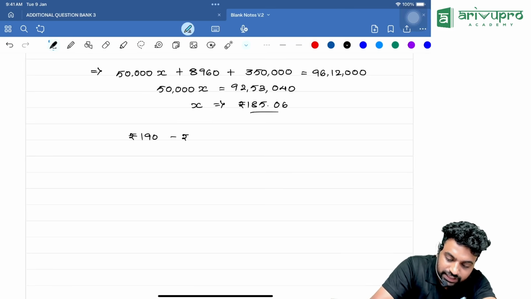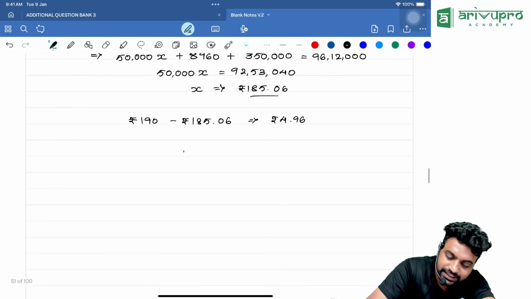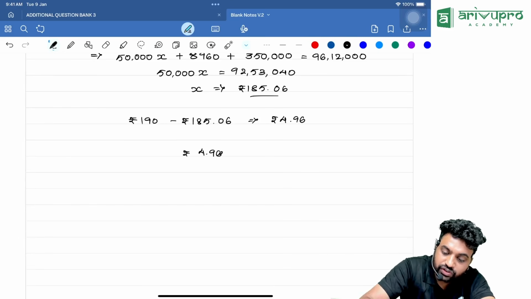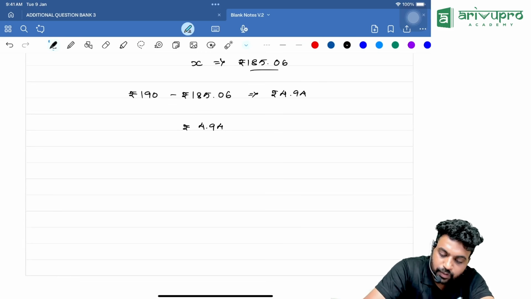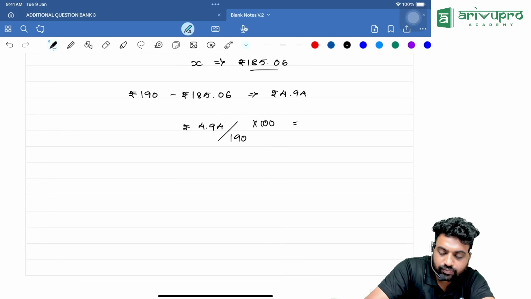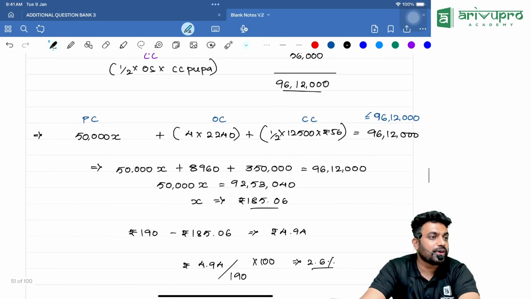We need a discount of at least 4.94. Correct? In terms of percentage, it is 4.94 divided by 190 into 100, which is 2.6 percent. So we are going to quote them 2.6 percent at least.